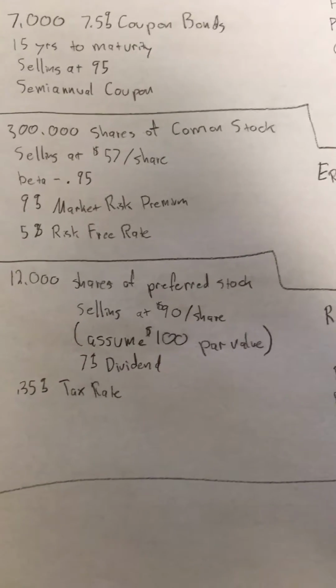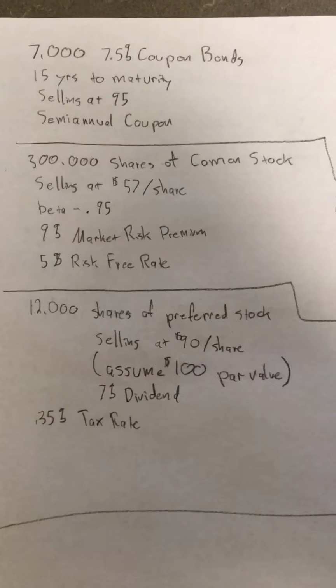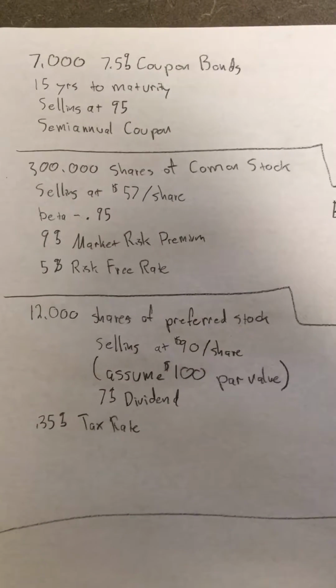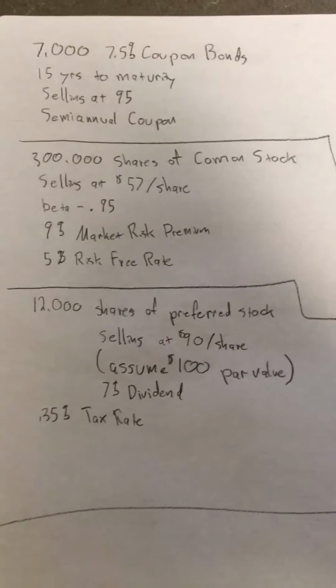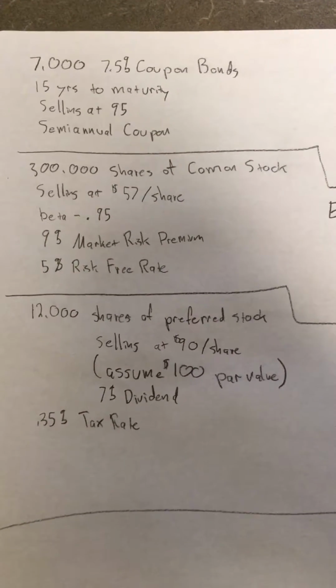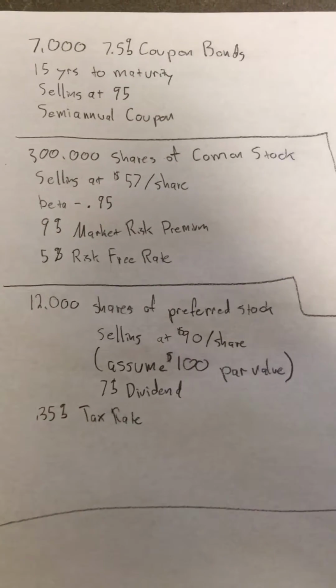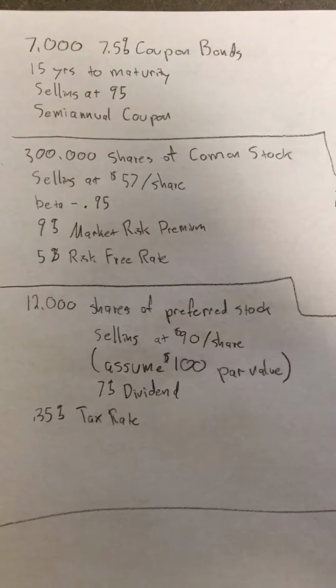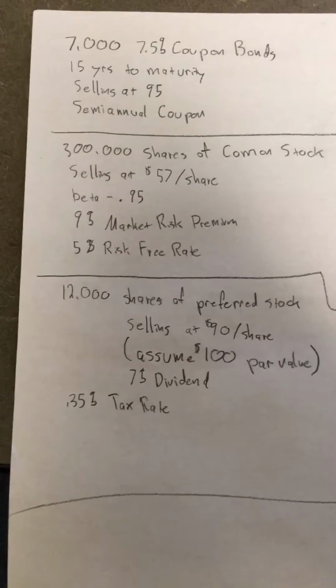We have a 9% market risk premium and a 5% risk-free rate. Lastly, 12,000 shares of preferred stock, selling at $90 per share. If it's not said otherwise, you can always assume that the par value of preferred stock is $100 per share, and it's paying a 7% dividend. And lastly, a 35% marginal tax rate.